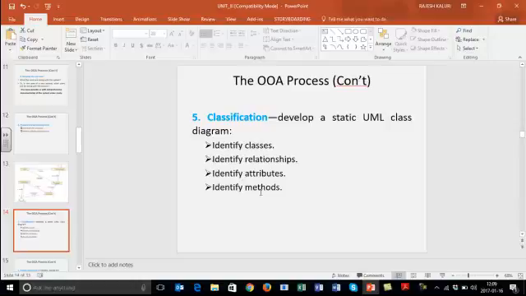So for that we need to identify the relationships. As we discussed, the different types of relationships in UML are first dependency, second association, third generalization, and fourth realization. Even under association we have another relationship called aggregation, along with role and multiplicity. So classification is very important.